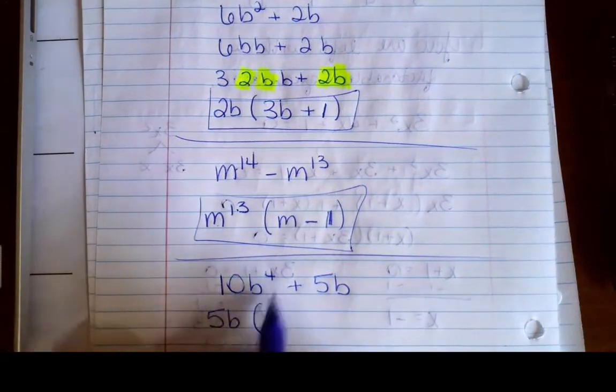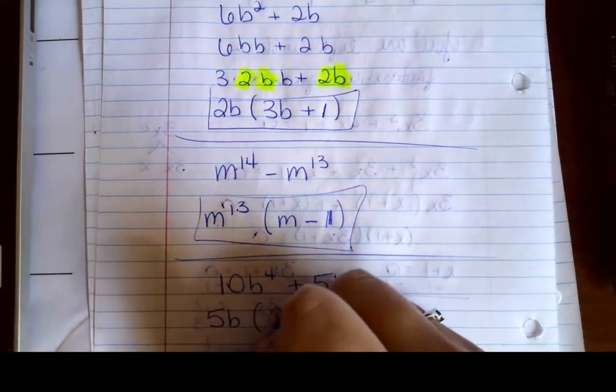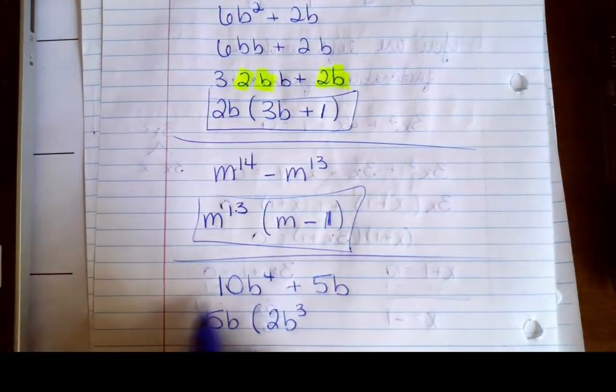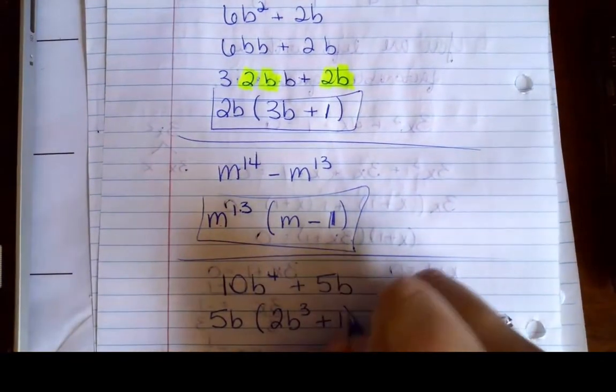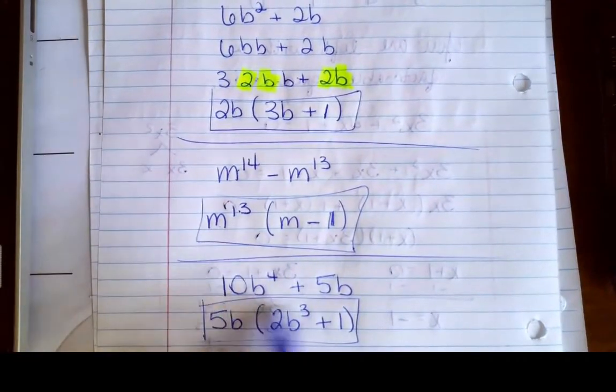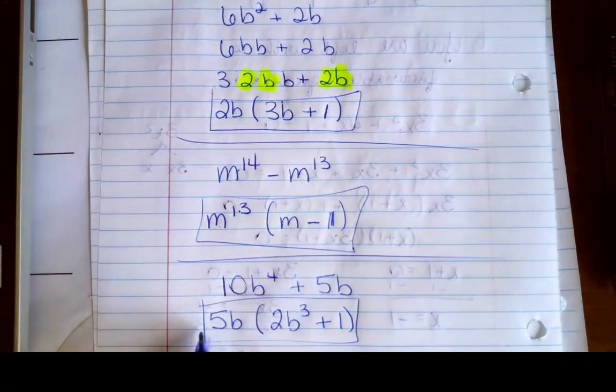So I'm going to divide 10b to the 4th by 5b, and that's going to leave me with a 2b to the 3rd. And then any number divided by itself is 1. So I've completed factoring again. I have rewritten a binomial into its factored form. Let's try some more.